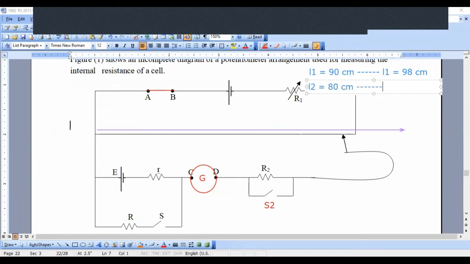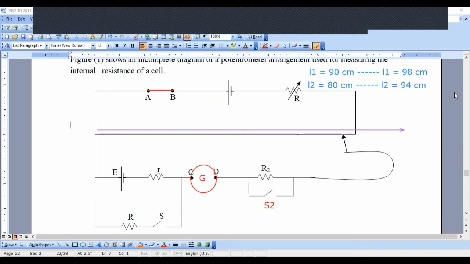Due to the adjustment of this R1, the new L2 may be, I'm just putting some arbitrary values, 94 centimeters. Now what has happened to both L1 and L2? Would you please tell me what has happened to both L1 and L2 after the adjustment of R1 here?